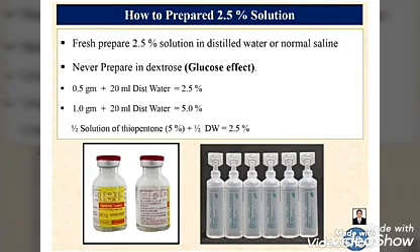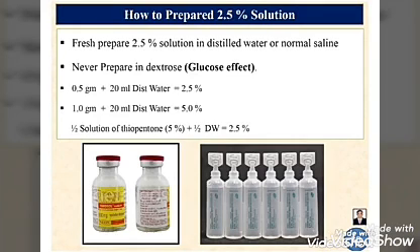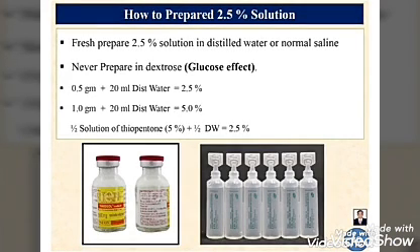Very simple: 25 milligrams of thiopentone in 1 ml of solution. So in the 0.5 gram thiopentone vial, add 20 ml of distilled water or 20 ml of NS and mix it.